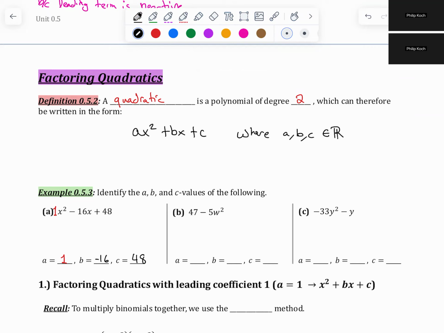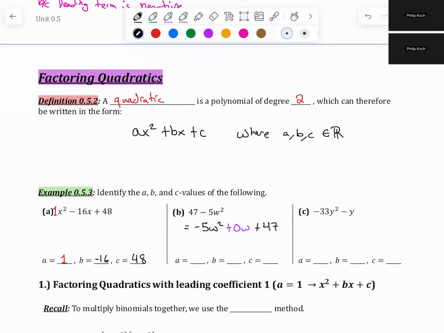Part B is deliberately written in an obscure way. It's written not in descending form. And there's no bx term. So technically speaking, this is negative 5w squared. And it's technically plus 0w plus 47.